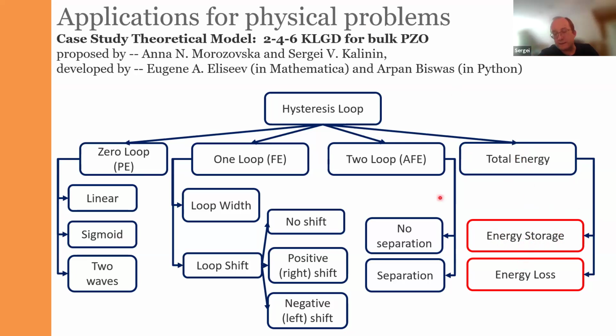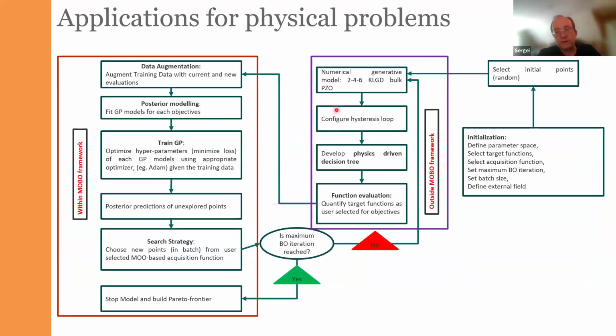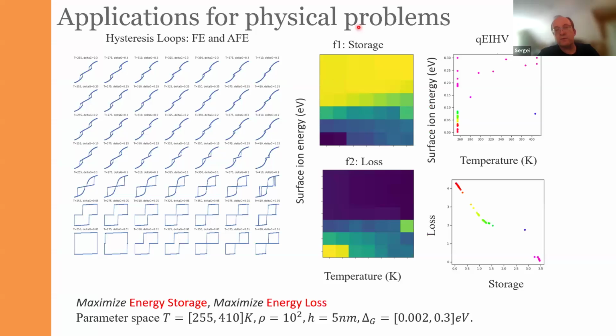But again, once it is built, then we can use the decision tree reward function in order to explore our parameter space. So developing of the workflow like this is remarkably time consuming. So it actually will take maybe a month to build it, even if you have the access to the model, because there are a lot of moving parts to that. However, once it's done, then we basically cast our problem as the multi-objective optimization.